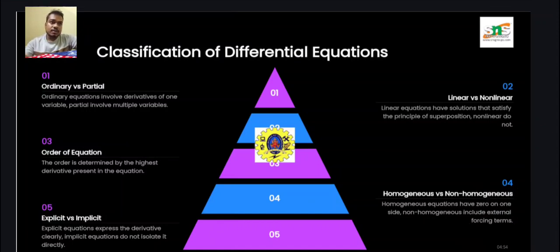Then the second one is linear versus non-linear, which means linear differential equation or non-linear differential equation. The third thing is the order of the equation, and the fourth is homogeneous or non-homogeneous equation. Then the fifth one is explicit versus implicit.